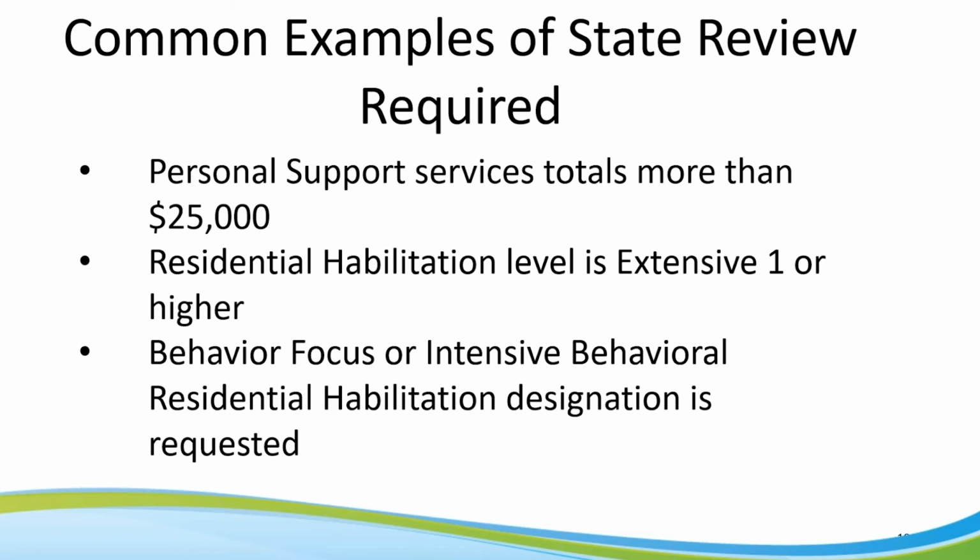Residential habilitation levels that are extensive 1 or higher, and or the behavior focus or intensive behavioral residential habilitation designations, are always going to require the state review. So keep that in mind when you're working on plans that have those types of services, because you know from the get-go, it's always going to need that secondary review.